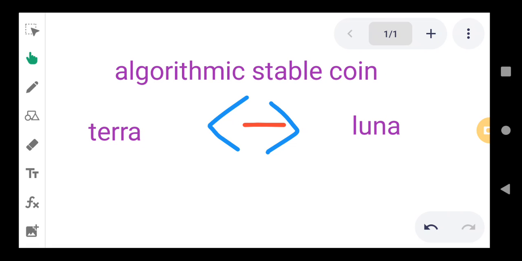All right, so Terra is a stablecoin, and the exchange ratio between Terra and the US dollar is 1-to-1. But it doesn't mean that Terra is always traded at $1 on any crypto exchange, because Terra is freely traded. So there's no guarantee that Terra can be traded for $1 at any given time.